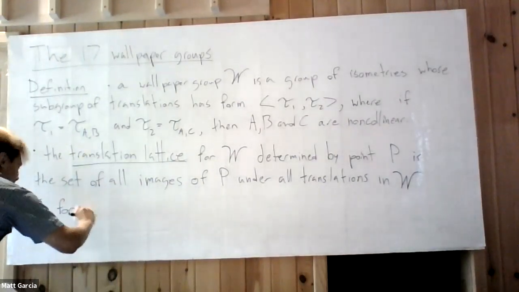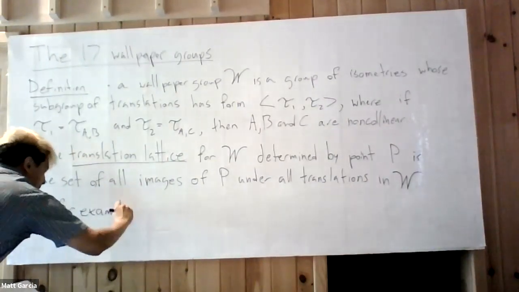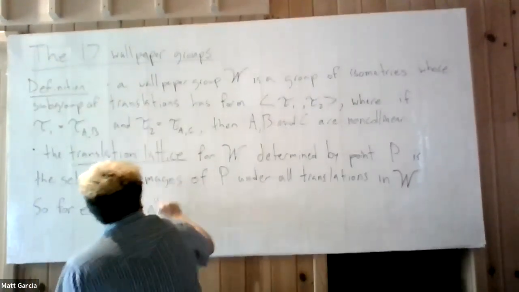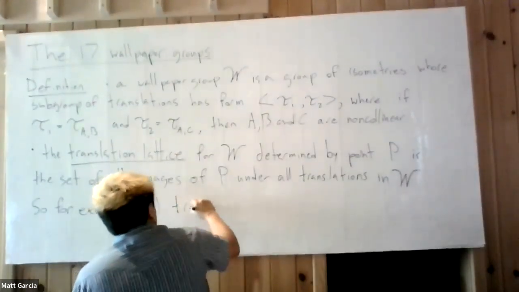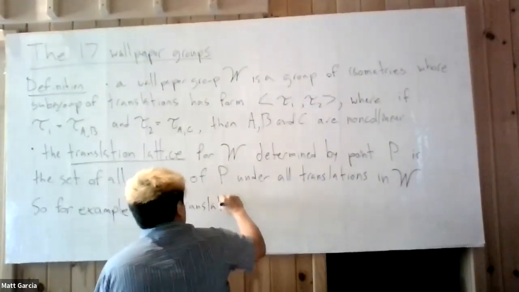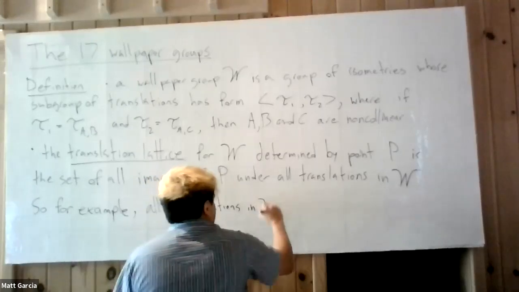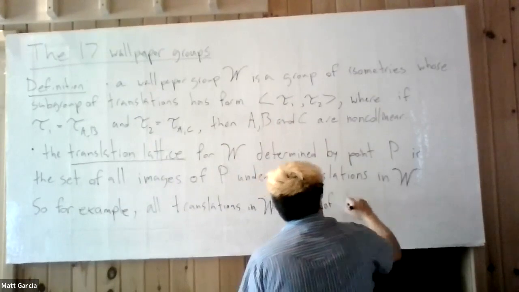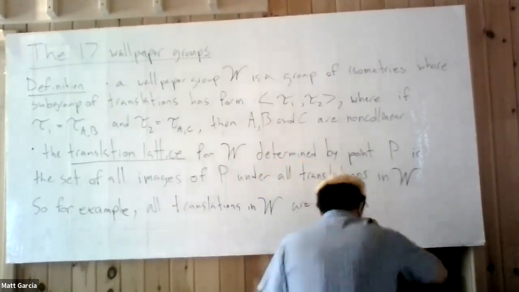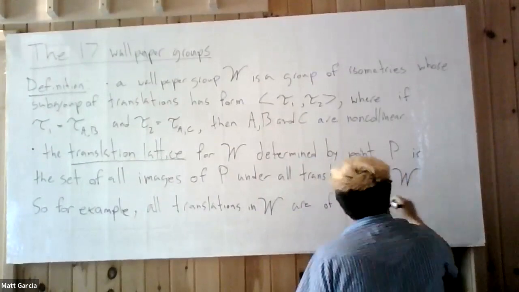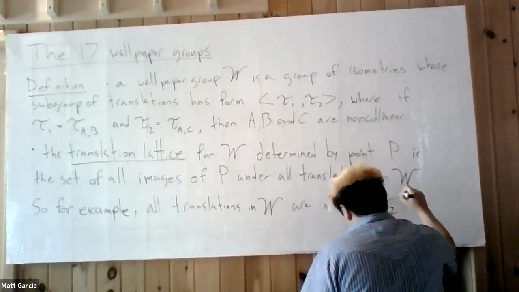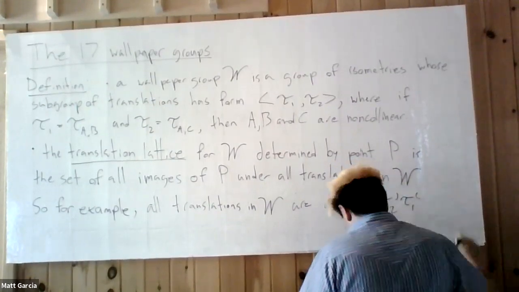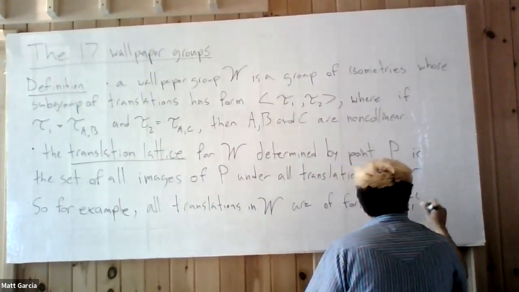So, for example, all translations in W are of the form tau2 to the j, tau1 to the i, right?